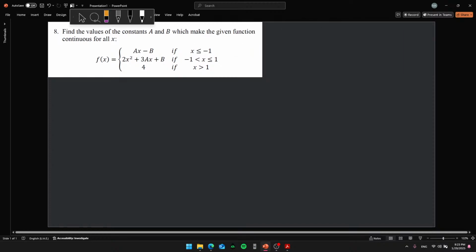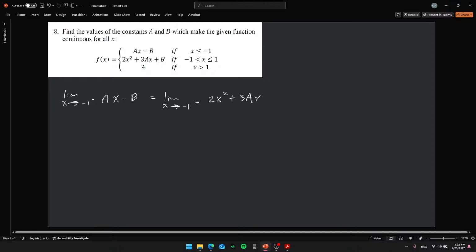So let's try equating. The limit as x approaches negative 1 from the left of ax minus b equals the limit as x approaches negative 1 from the right of 2x squared plus 3ax plus b.